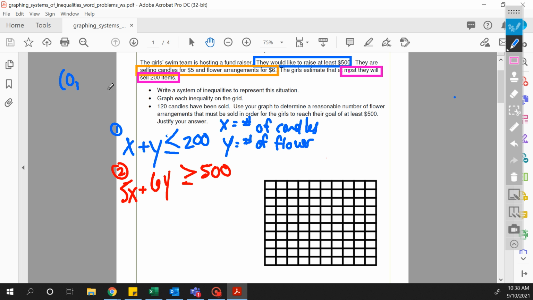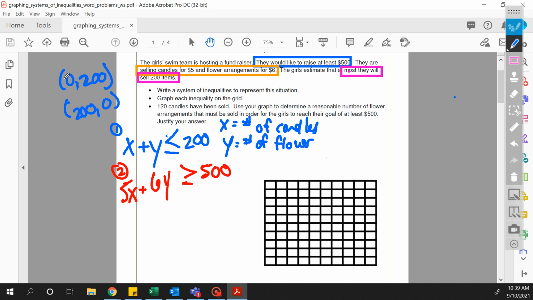So when x is 0 for the first equation, then y would have to be 200. So 0 for x, 200 for y. That would be our y-intercept. For our x-intercept, we plug in 0 for y, and once again, we get 200.